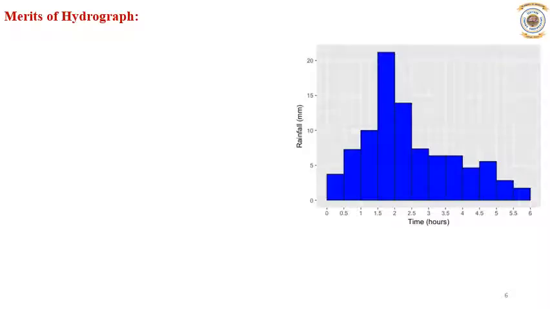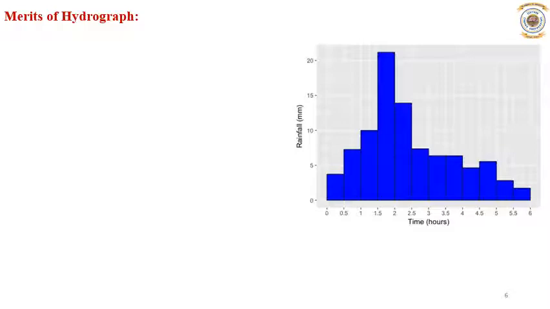Then we will study the advantages or merits of the hydrograph. This is one kind of hydrograph where you can see time is taken along the x-axis, and discharge or rainfall is taken along the y-axis in millimeter. You can see from 0 to 6 hour, the discharge is measured, and it is shown in terms of graphical representation.